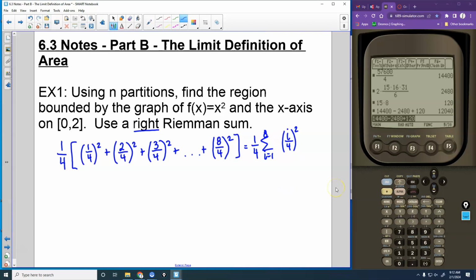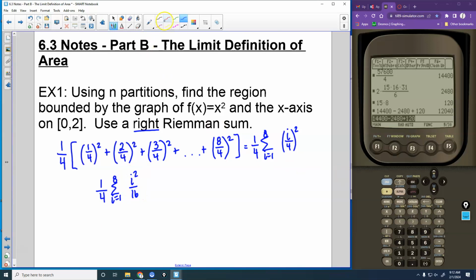Okay? So, definitely we could just figure it out by hand. We could just type it into the calculator. But what I would like for us to do right now is use some shortcut rules for this. First of all, we need to square everything here. So we're going to have 1/4 the sum from 1 to 8 of i squared over 16.